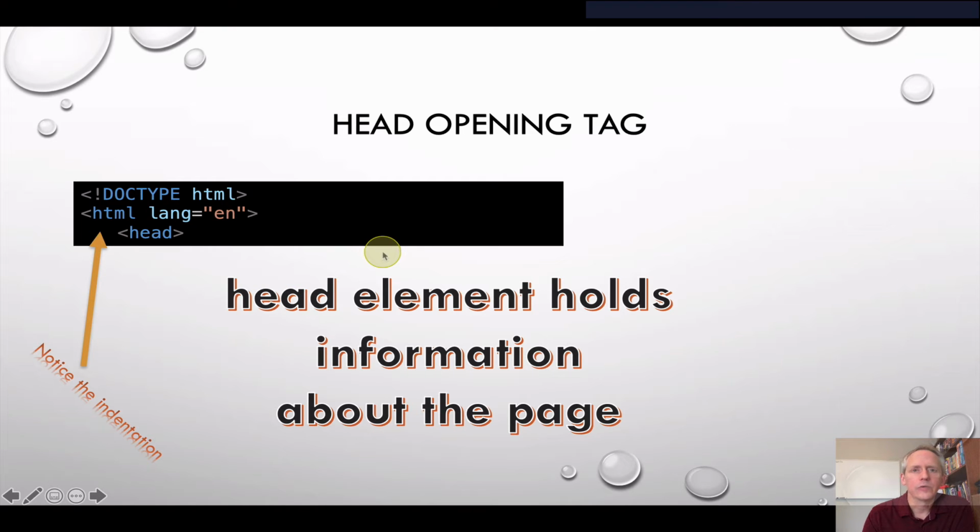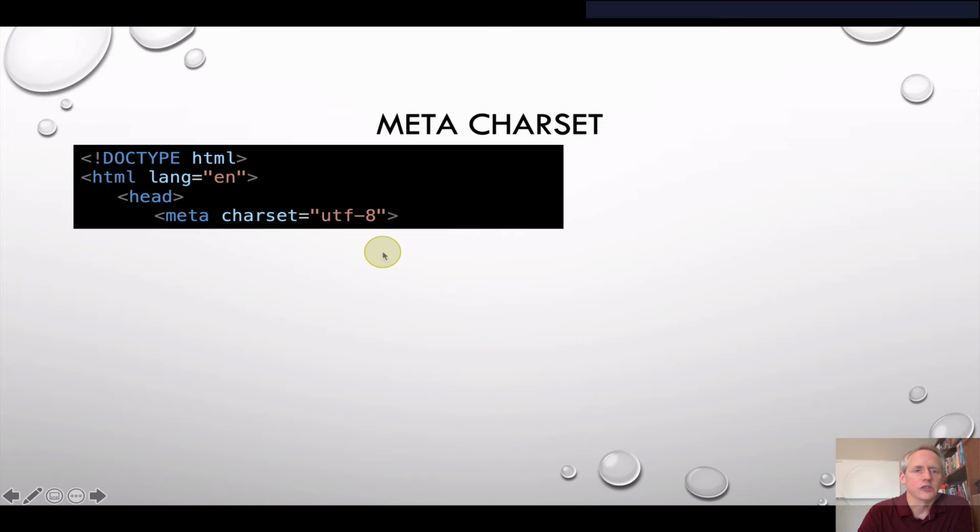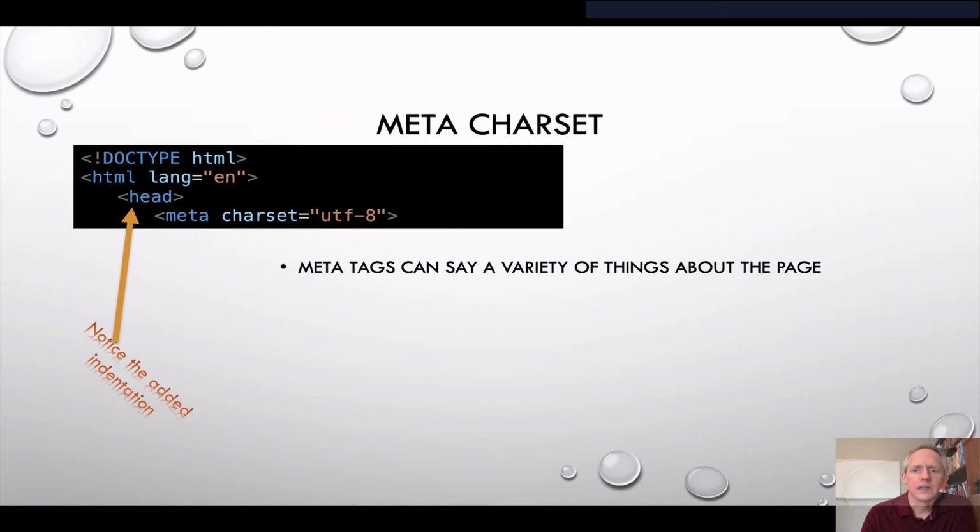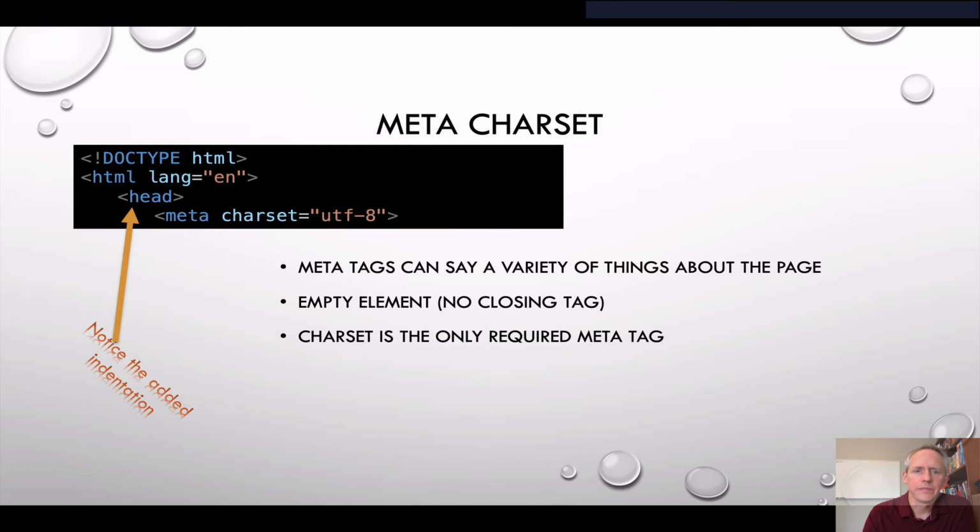The head element holds information about the page. The next thing we add in is this meta charset, which means character set. Notice we've got the added indentation here. Meta tags can say a variety of things about the page. They're empty elements. There's no closing tag to them.